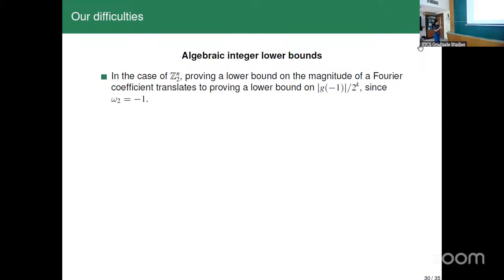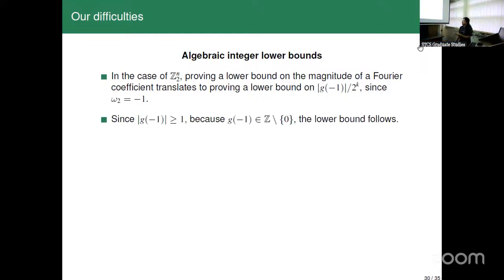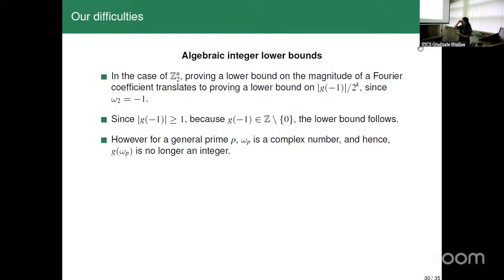It is not true because the numerator is a complex number. It can actually be very close to 0. So it was not possible for us to conclude that g of minus 1 is greater than or equal to 1 in this case.